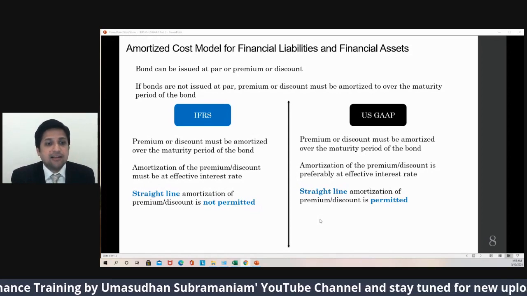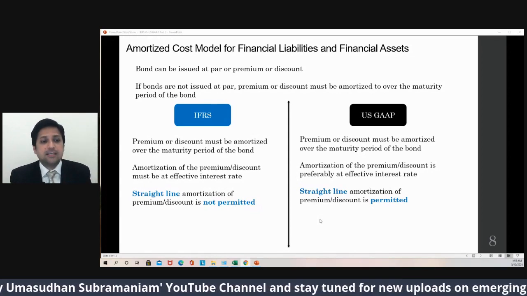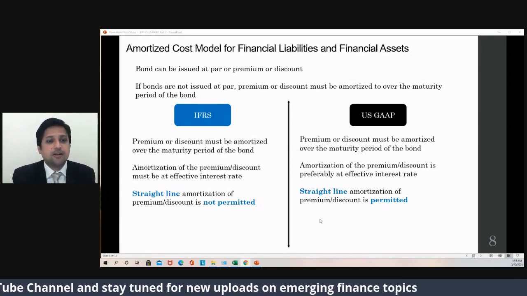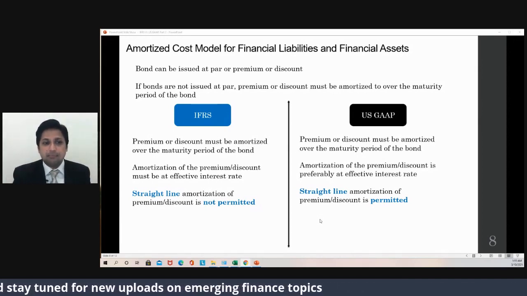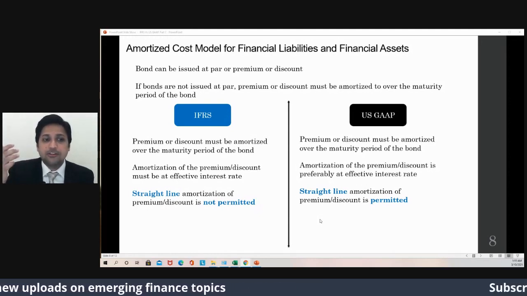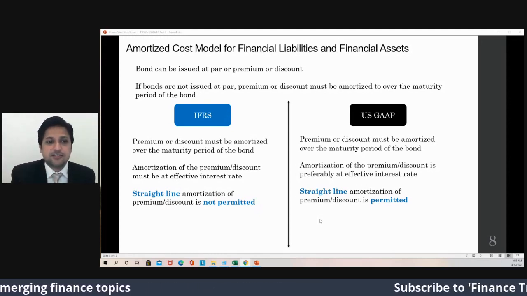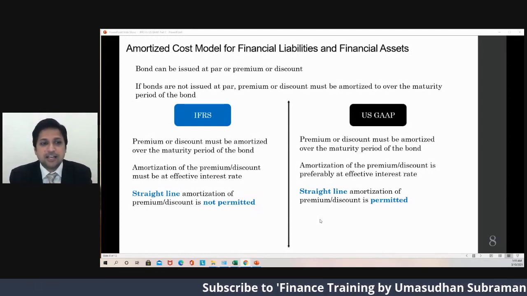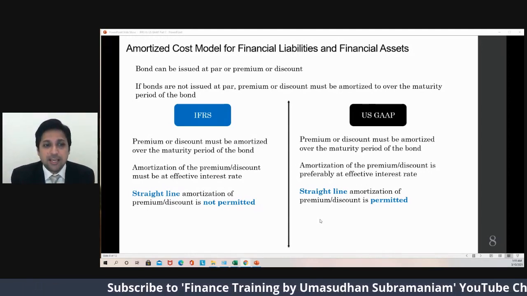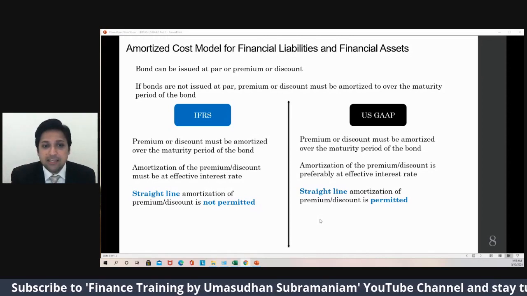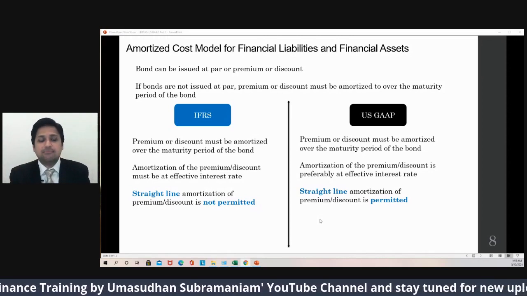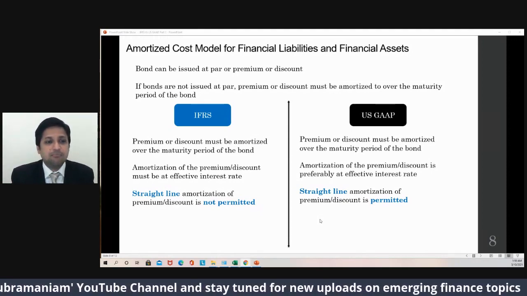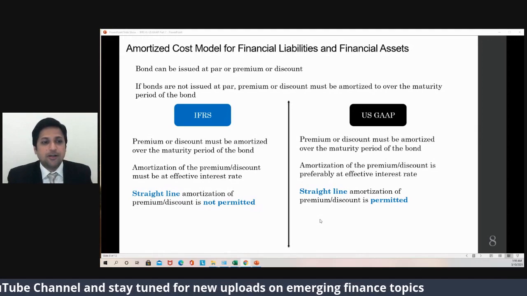The straight line method of amortizing premium or discount of a bond issue is not permitted in IFRS. But remember, in US GAAP, although they prefer the effective interest rate method to amortize the premium or discount on a bond issue, they also permit the use of the straight line method.